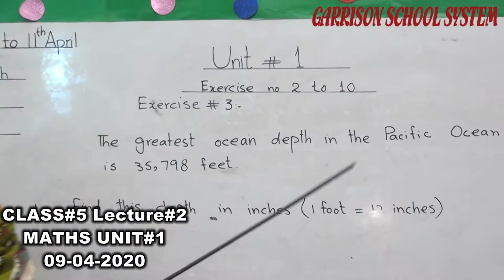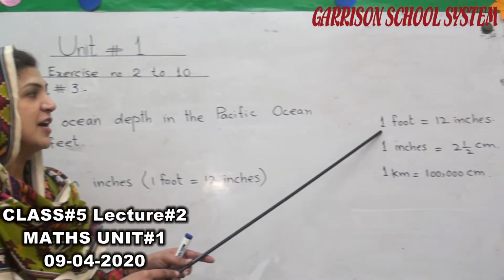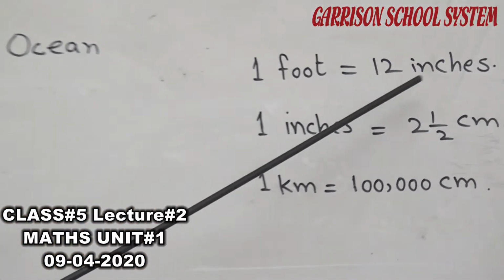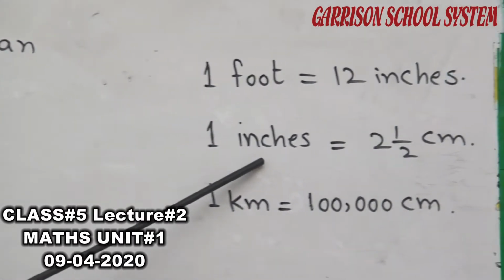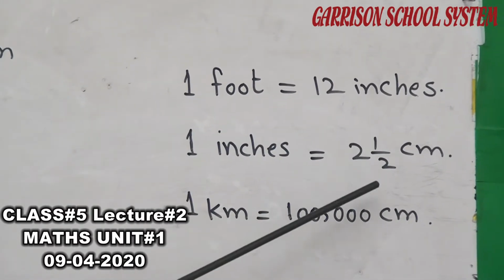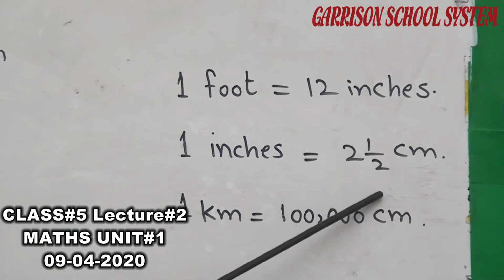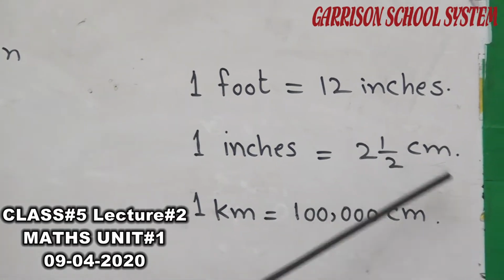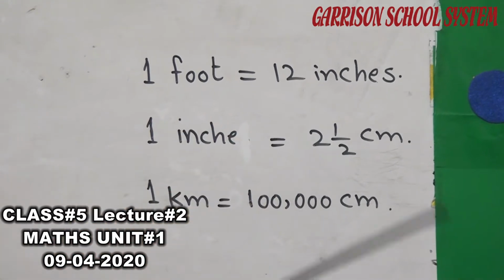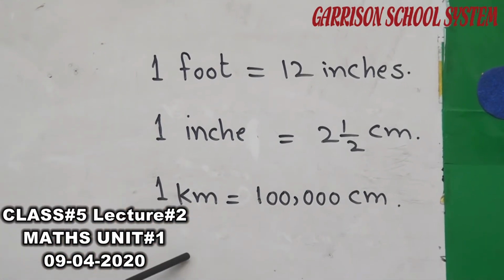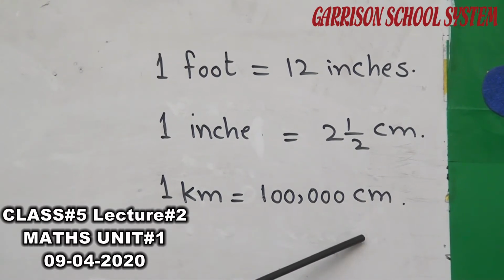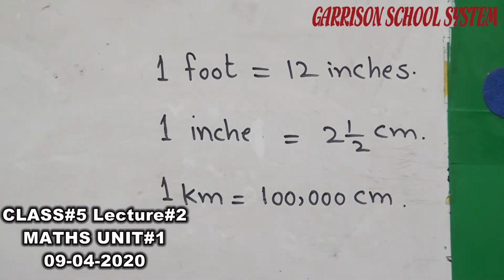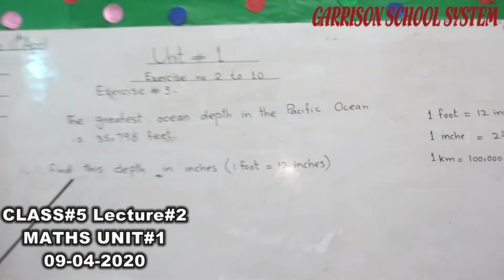Students, do you know 1 foot is equal to 12 inches, and 1 inch is equal to 2.5 centimeters. Similarly, 1 kilometer is equal to 100,000 centimeters. So let's start to solve the first question.